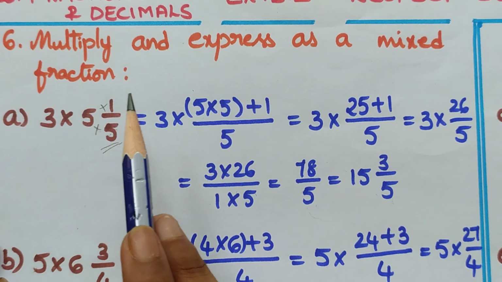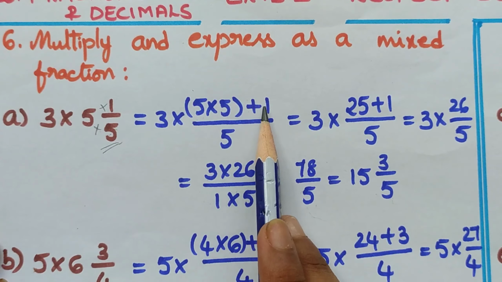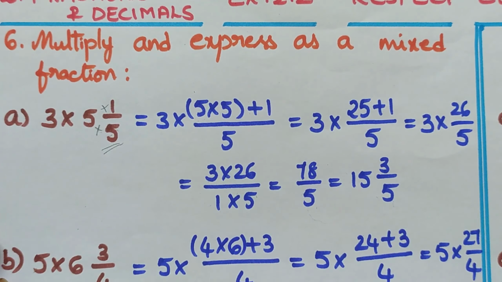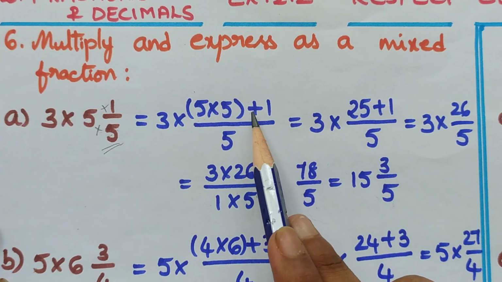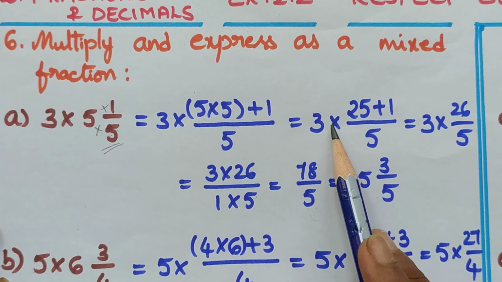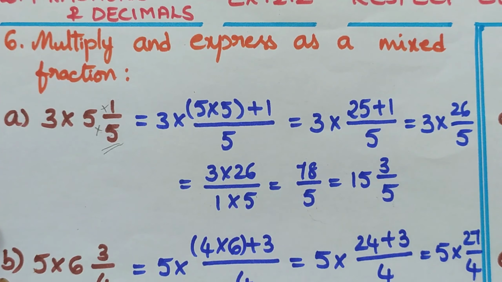So 3 into (5 into 5 plus 1) by 5. 5 into 5 is 25, plus 1 by 5.